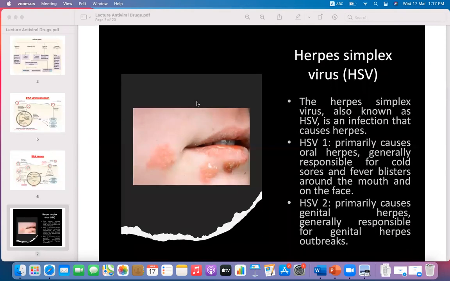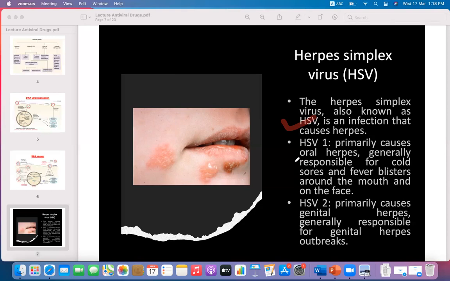Herpes simplex virus. The herpes simplex virus, also known as HSV, is an infection that causes herpes. There are two types of herpes simplex virus, 1 and 2.